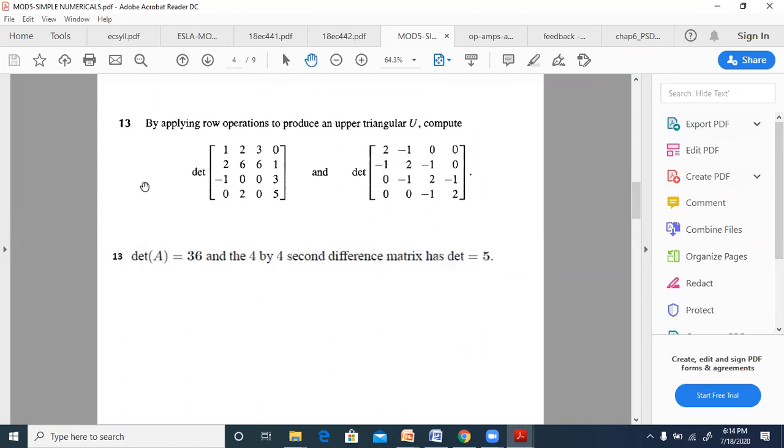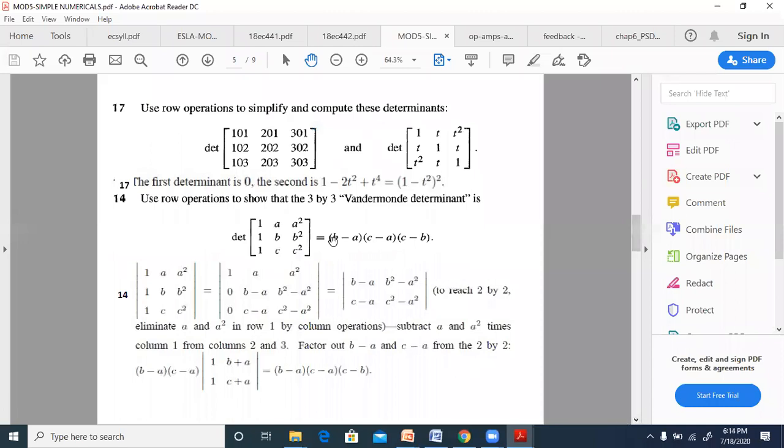So it is for you to try. Both of these, please try. Then use row operations to simplify and compute their determinants. Same thing: you have to find the upper echelon form and find the determinant. In the same way here also, upper echelon form and find the determinant. You will get this.